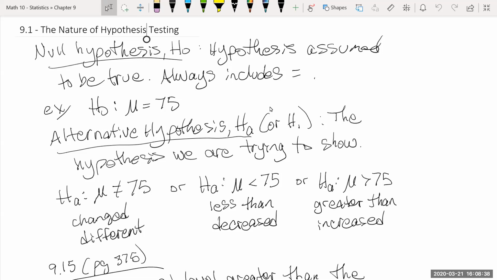All right, so anyway, today we're doing sections 9.1 through 9.3, and we're jumping into hypothesis testing. Now, what we had done before, last chapter, we had started on the confidence intervals. And remember, with the confidence intervals, that was really our first step into inferential statistics, where we're using data from a sample to try to predict or infer something about the entire population.